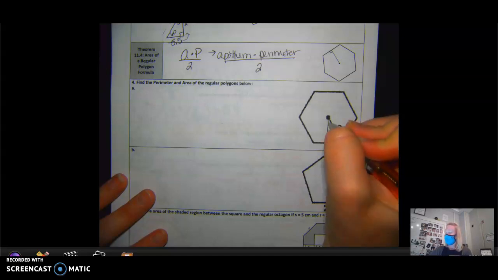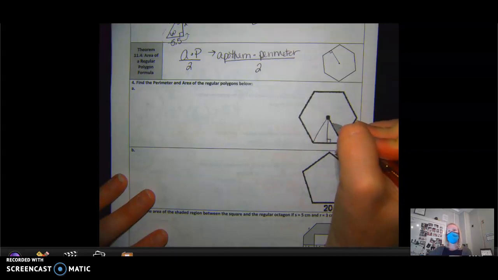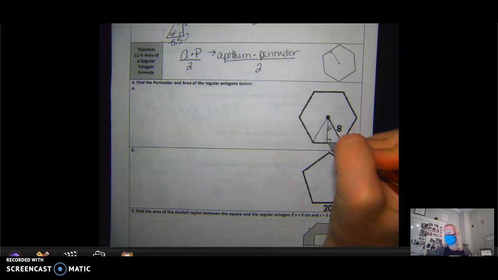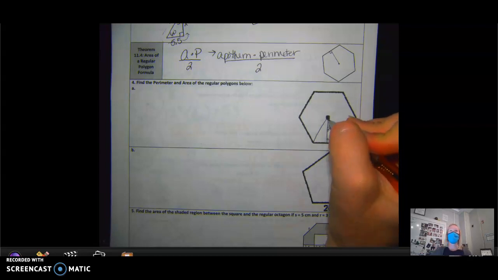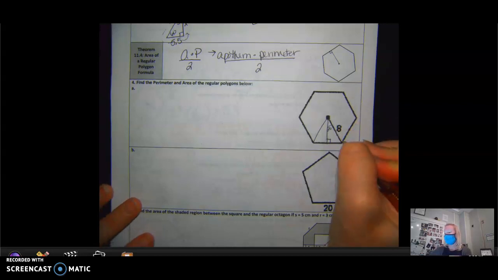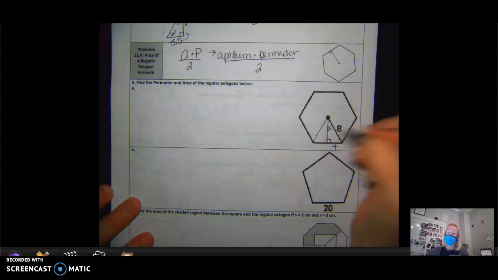Okay, so this is a 6-sided figure. So how many degrees are in its central angle? 60. So how many degrees are right here? 30. I need to know that in order to find this little piece and to find this apothem, right? It's a 30, 60, 90, so I can use my special right triangle. So if my long side is 8, what's my short side? 4. What's the apothem then?